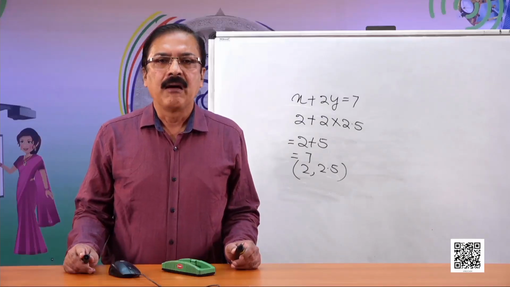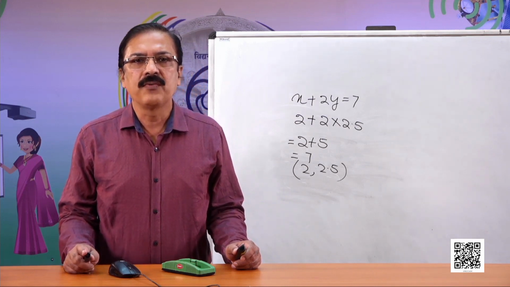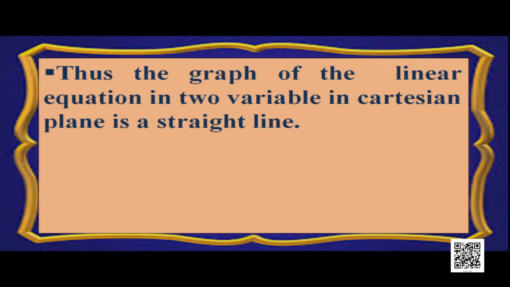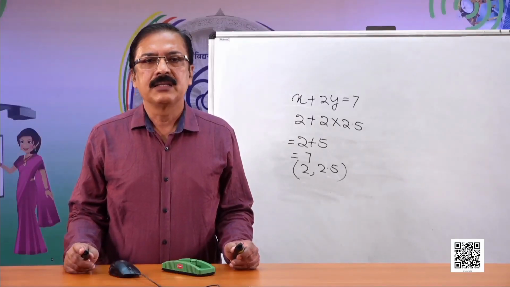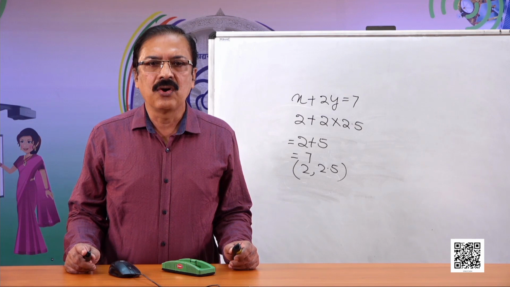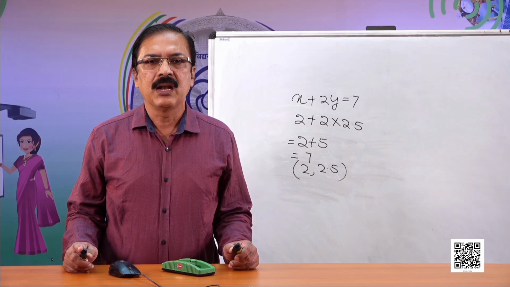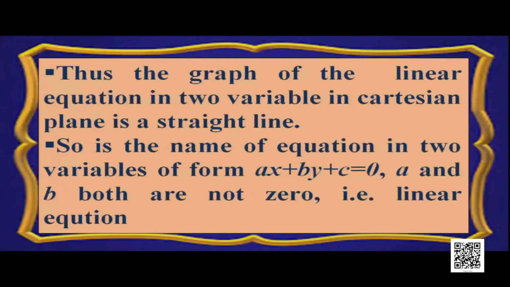Let's see that the graph of a linear equation in two variables in the Cartesian plane is a straight line. As we saw from the previous solution, the graph of the linear equation is a straight line, and so it is the name given to this type of equation, that is ax plus by plus c equal to 0, a linear equation, where a and b are both not 0.